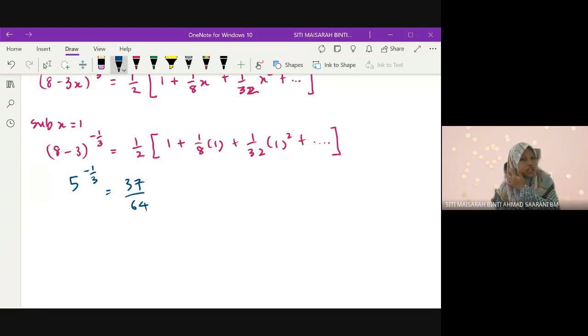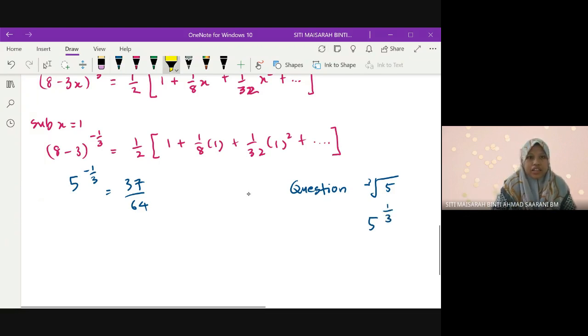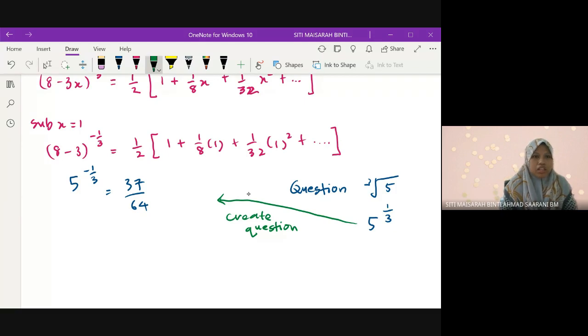Okay. Sekarang ni, soalan kita adalah cube root of 5. Cube root of 5 is actually 5 to the power of 1 over 3. Dekat sini is 5 power negative 1 over 3. So jadi awak kena create dulu soalan. You need to create question. So how to create question? So jadi kat sini kita ubah bentuk ni to 1 over 5 power 1 over 3.